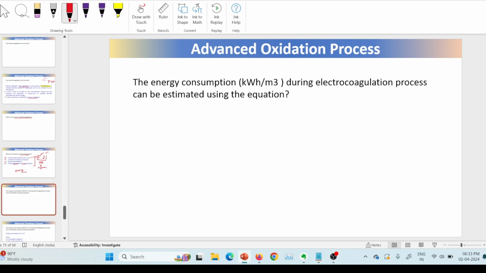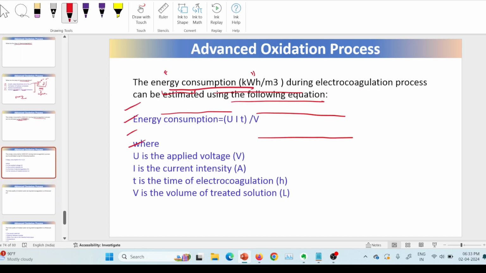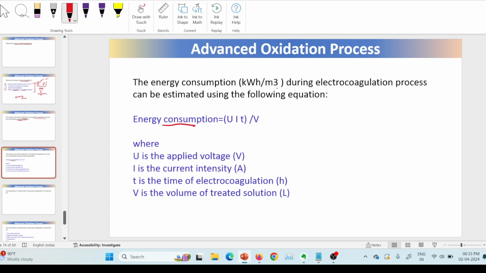The energy consumption in kilowatt hour per meter cube during the electrocoagulation process can be estimated using an equation.